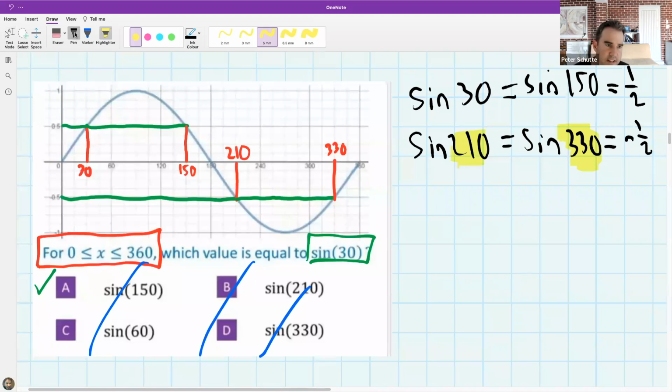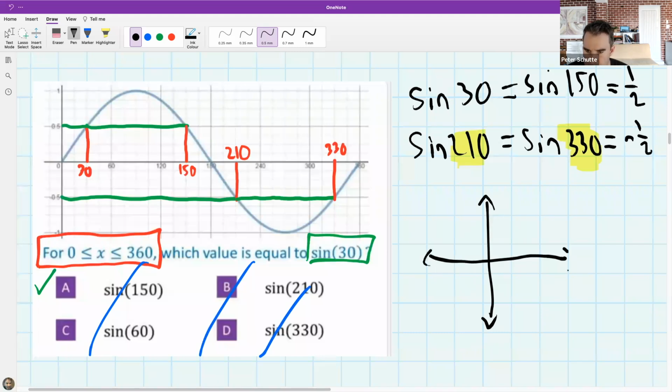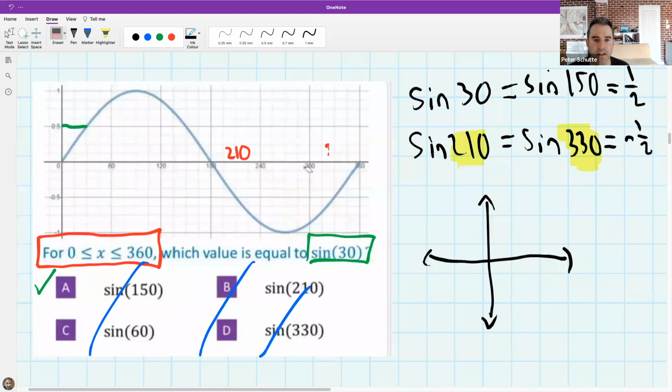And just to point out the quadrants, when we summarize the behavior of the sine function, we talk about the quadrants, and we talk about how between 0 and 90 is the first quadrant. So let me go and find that. If I go up to here, is the value of the sine graph positive or negative from 0 to 90?